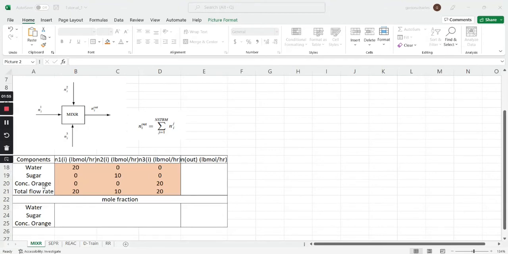Okay, so as I said before, we first need to calculate the outlet flow rate of each individual component. We can do this using the sum function in Excel, which I will do now.